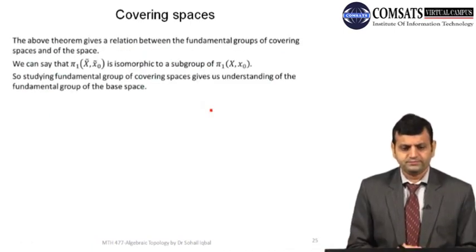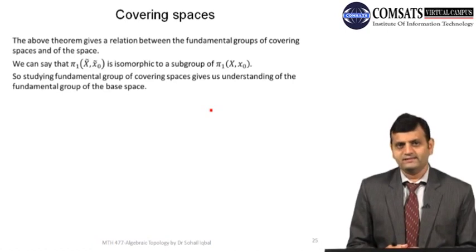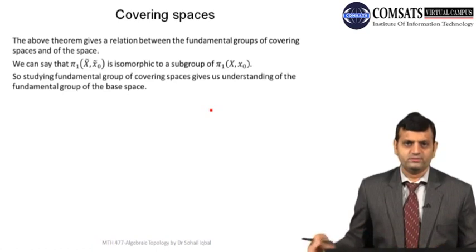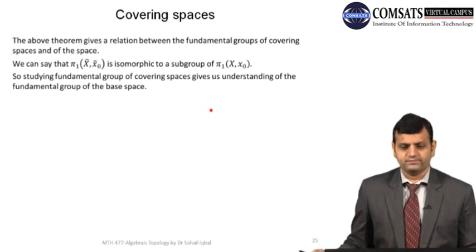So if we want to study the fundamental group of the base space, then we can study its subgroups by considering the fundamental groups of the covering spaces. The subgroups of the fundamental group of the base space correspond to the covering spaces of the base space.